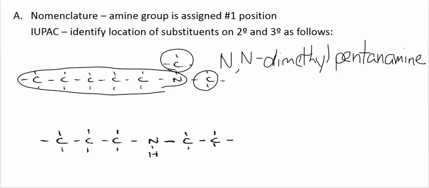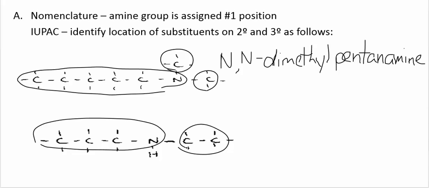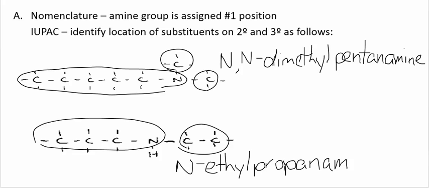Longest chain gets the suffix. In the second example, the longest chain is a 3-carbon chain, so that's going to get the suffix. I have a substituent on the nitrogen, so I would say N, the substituent is ethyl, N-ethyl, and a 3-carbon chain is propanamine. So amines are derivatives of NH3.